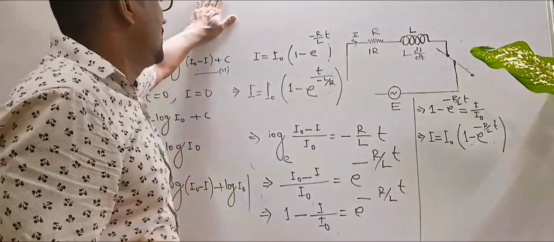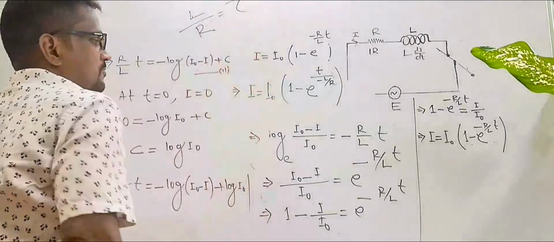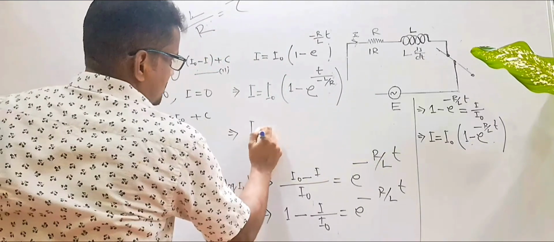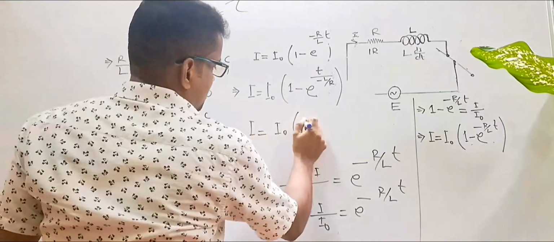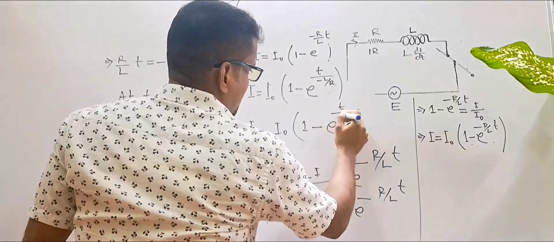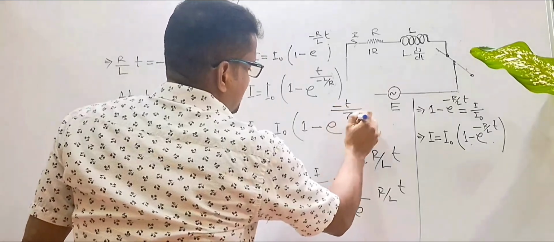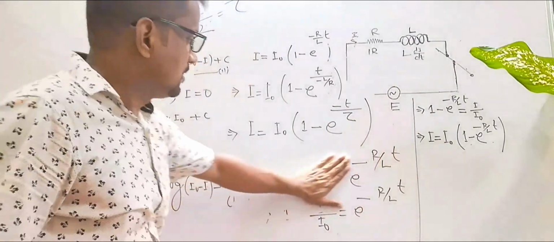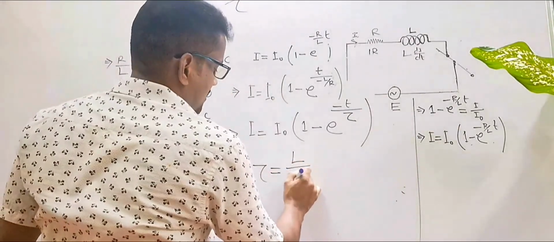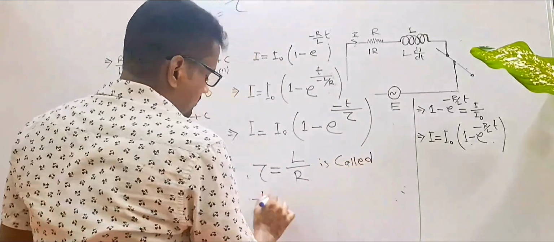And this is called the time constant, L by R, denoted by tau. The final expression in your textbook: I equals I naught times 1 minus e to the power minus t by tau, where tau equals L by R is called the time constant.